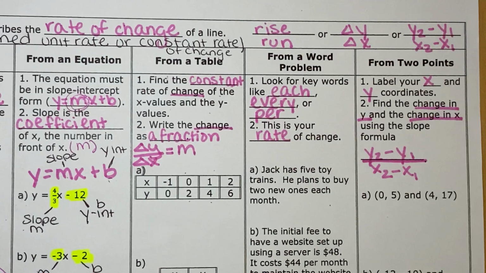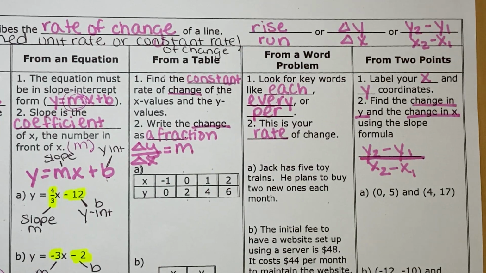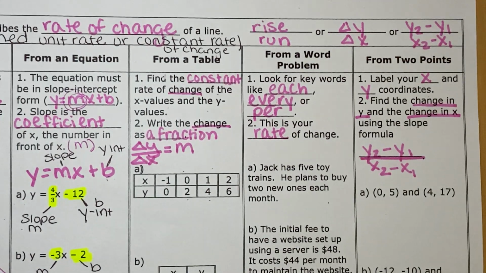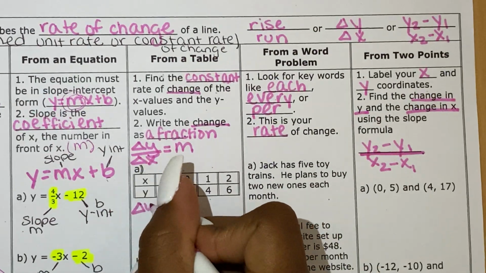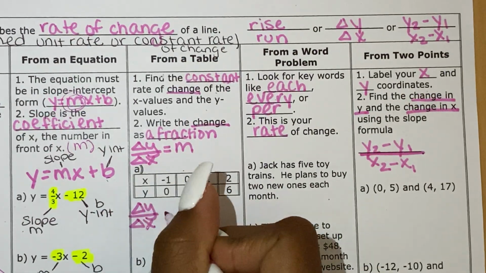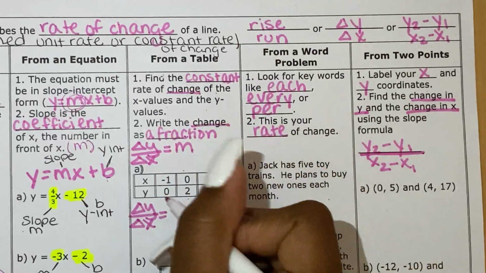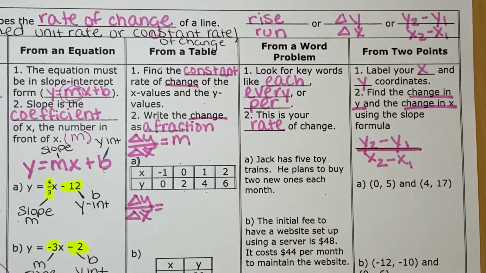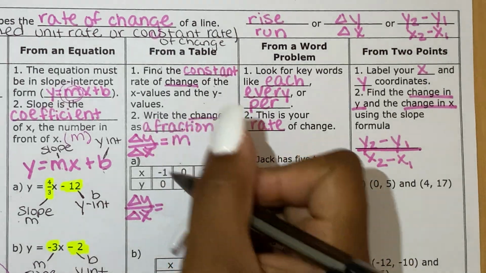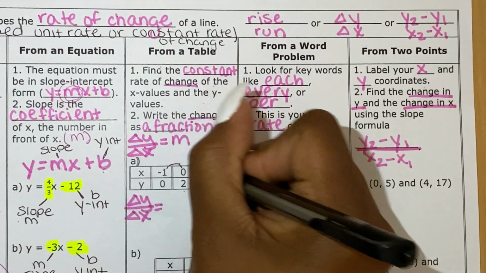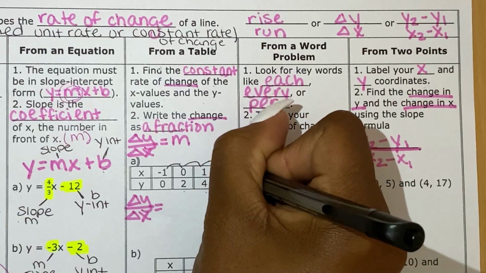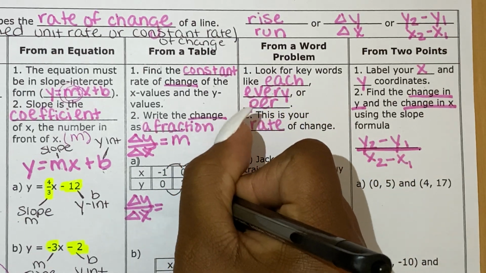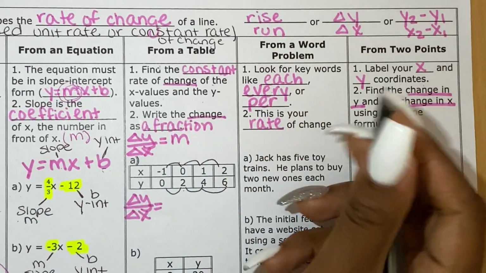Okay? So let's look and see. I want to find the change in y over change in x. This is just a reminder for ourselves. Here is example A. To find the change in y over the change in x, you need to see how these points change from number to number.